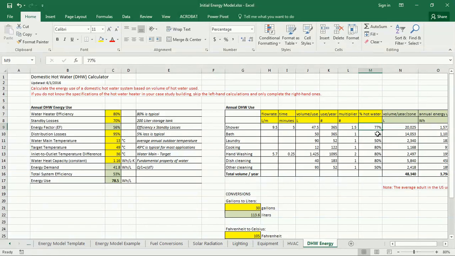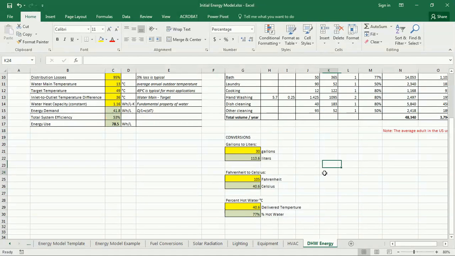Now this is an interesting one. Percent hot water. Keep in mind when you take a shower, it's not all hot water. It's a combination of cold water and hot water. And you can use these estimates, or you can customize this if you take particularly cold or particularly hot showers. I've got a guide down here that will give you the percent hot water relative to the delivered temperature.